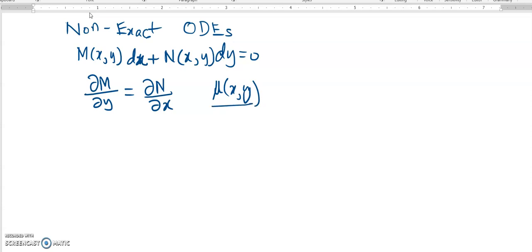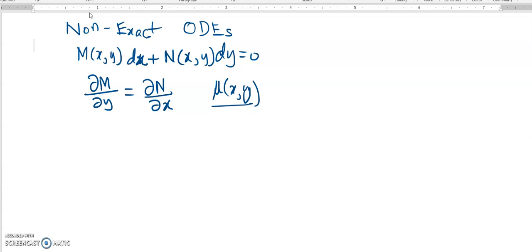When mu is multiplied by this equation, the equation becomes exact. That means the partial derivative of mu times M with respect to y will be equal to the partial derivative of mu times N with respect to x, so that differential equation will be exact.